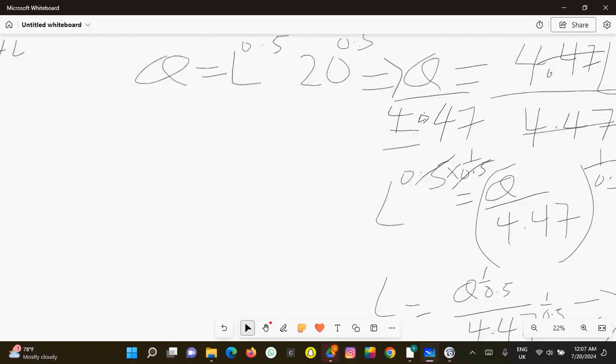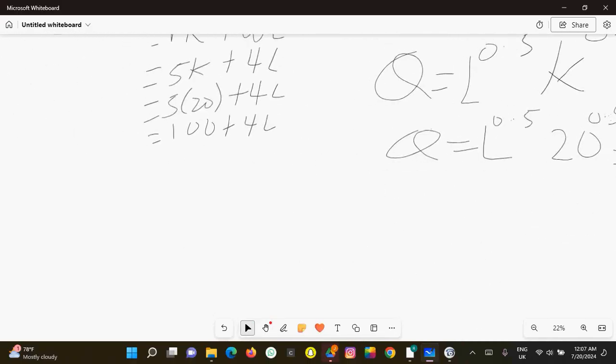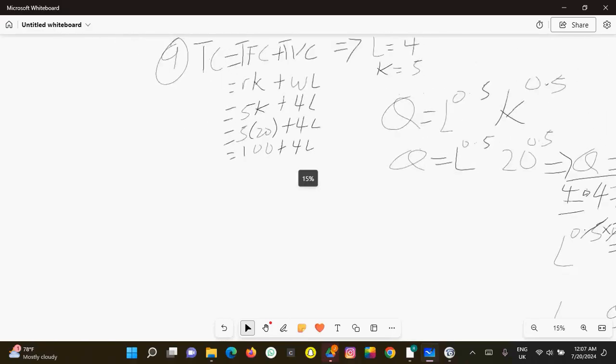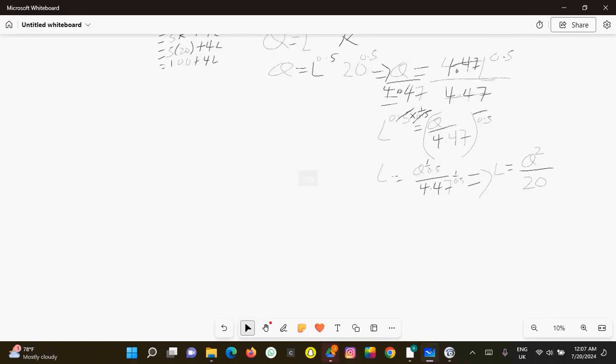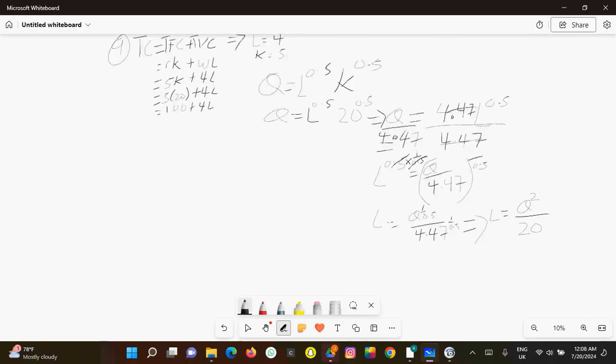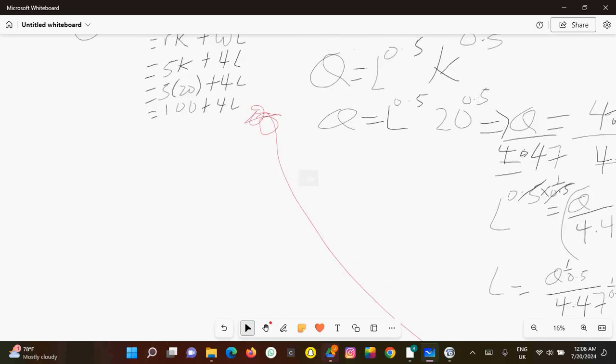Right. So let's bring it back to this equation. So I'm bringing this here. Now 100 plus 4 into bracket Q squared over 20.